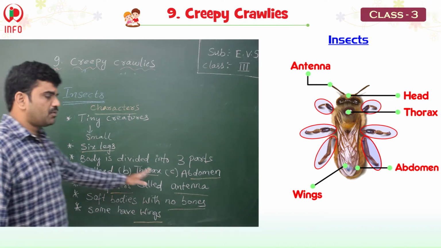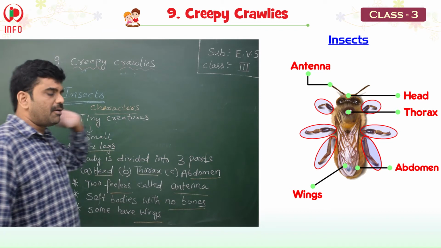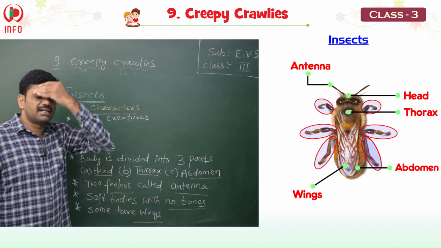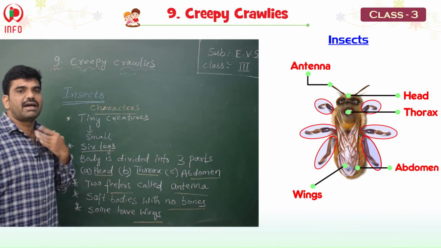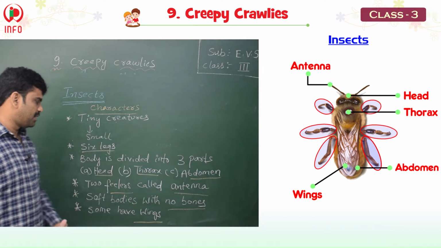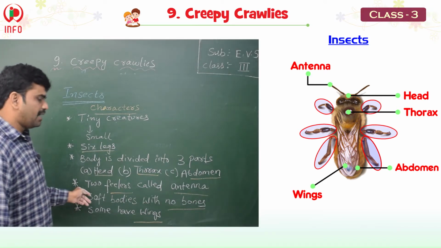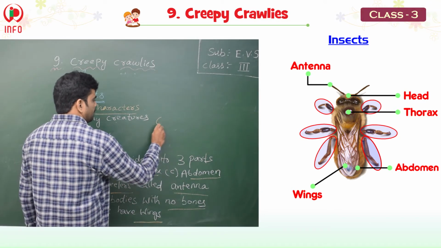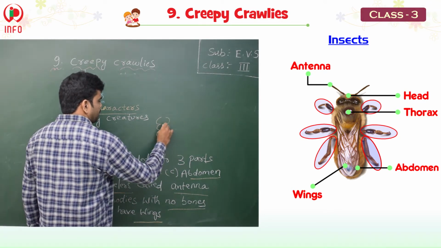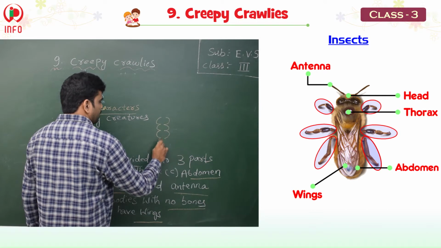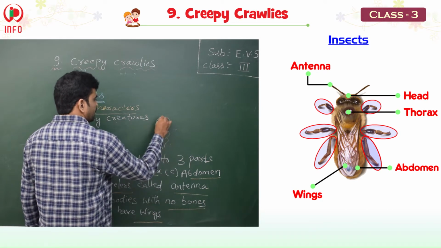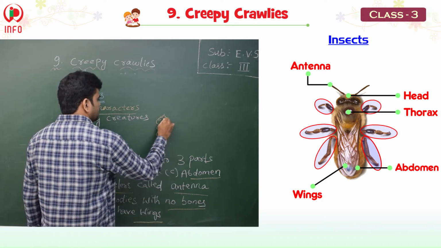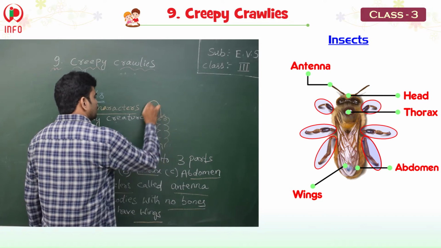Head, thorax and abdomen. This is head, children. This part is thorax and the remaining part is abdomen. In insects I am telling. And they have 2 feelers. You have seen in the cockroach. If you observe the cockroach, once again I am drawing the rough diagram here. This is the head part. It has 2 feelers.